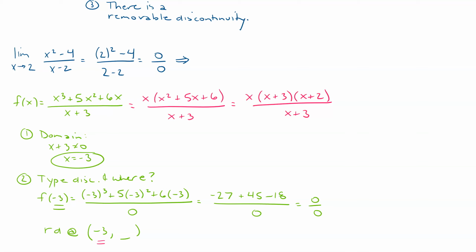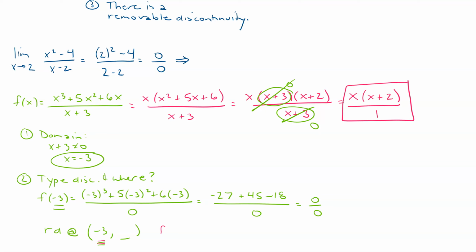When you factored, you always found this matching top and bottom term where the x value would have created a 0 over 0. We were basically canceling away the problem terms. Once you had the factored canceled version, you'd plug in the x value, and you would find the y value for the removable discontinuity.